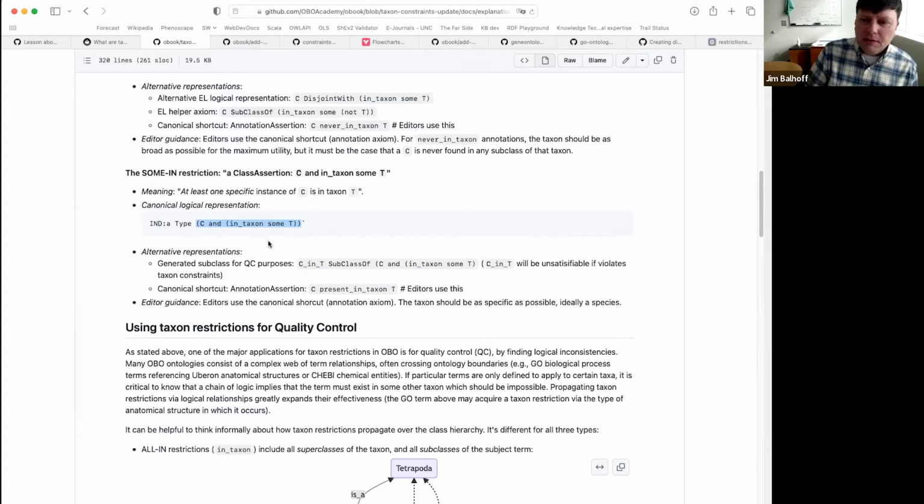But another way you could do it is by generating a class that's equivalent to that expression, and then that class would become unsatisfiable. This class is generated only for QC purposes, though.